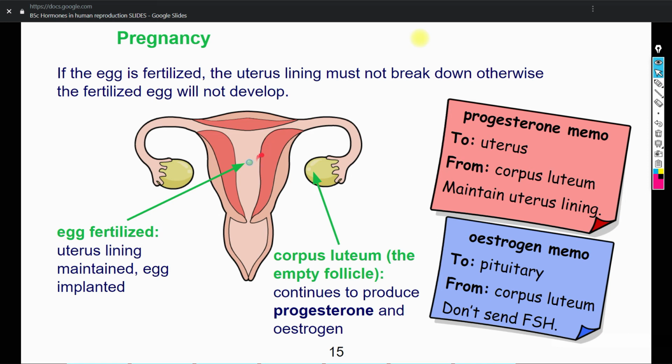And the embryo, the fertilized egg, embeds itself in these thick walls of the uterus. They've got a really good blood supply to nourish the embryo as it grows.